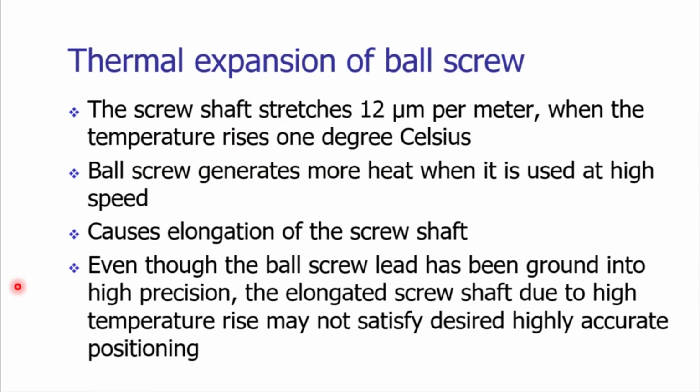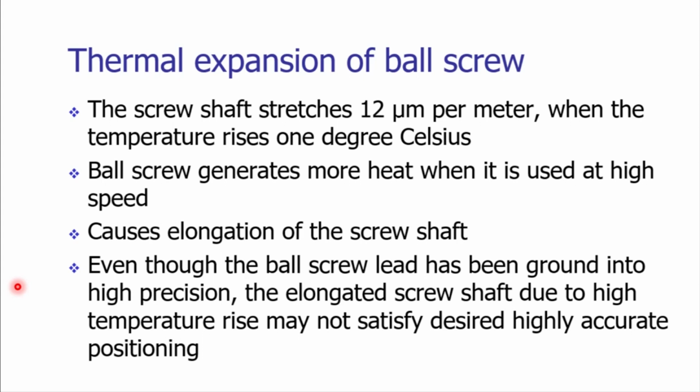But when we are working at very high speed applications in ball screws, due to the friction between the balls and the screws, there will be generation of heat energy, and that heat energy will certainly affect the operation. There would be thermal expansion of the ball screw.